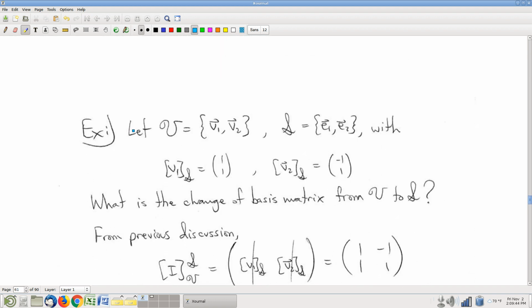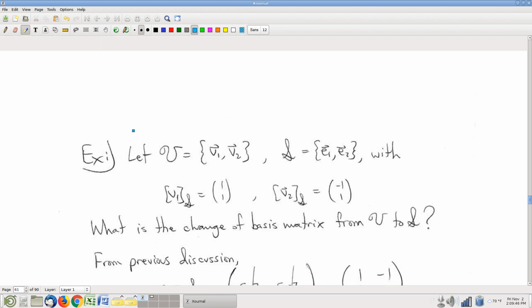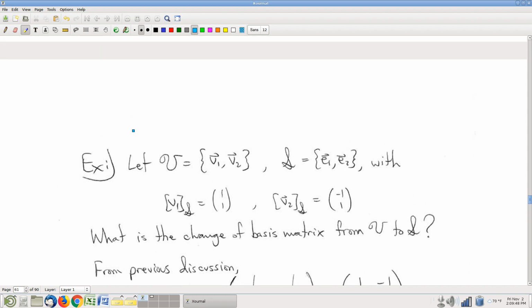Okay, so let's see an example. So suppose I'm in R2. Notice that we have a standard basis for R2. That's the usual (1,0), (0,1) standard basis in R2. Suppose we have another basis for R2, V1 and V2. Now, I'd like to tell you about these two vectors, V1 and V2.